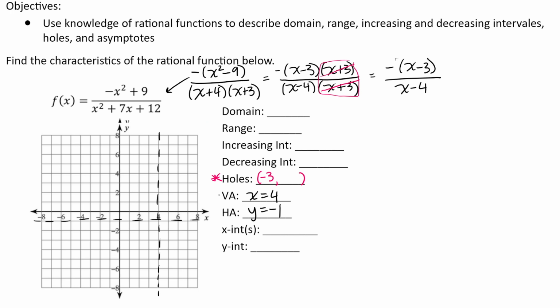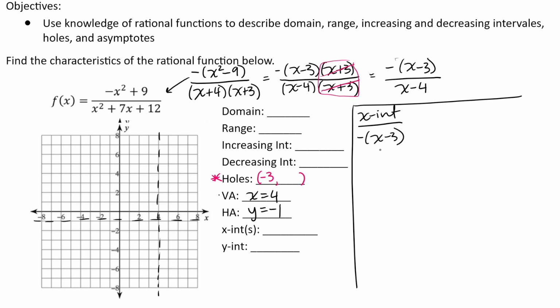Let's go ahead and find the x-intercepts. If I look at my reduced function, I'll set it equal to 0. Remember, we only look at the top. The bottom's going to go away.